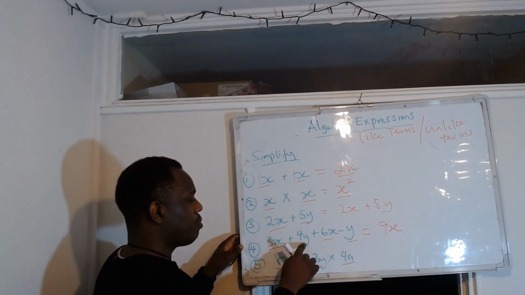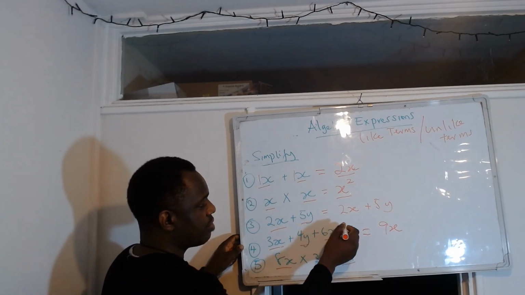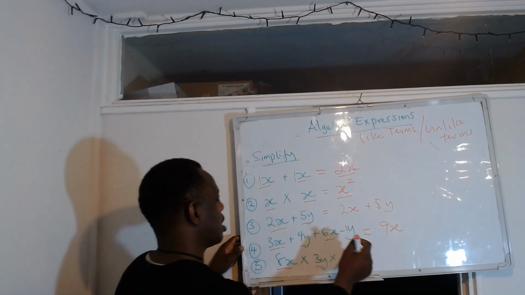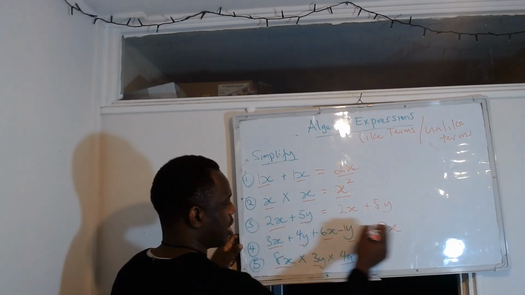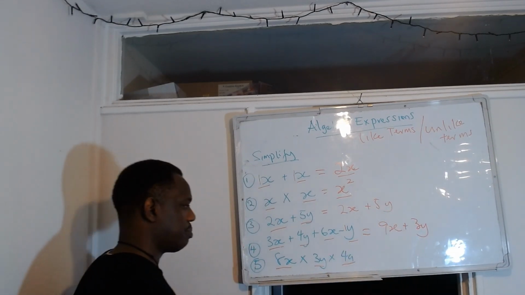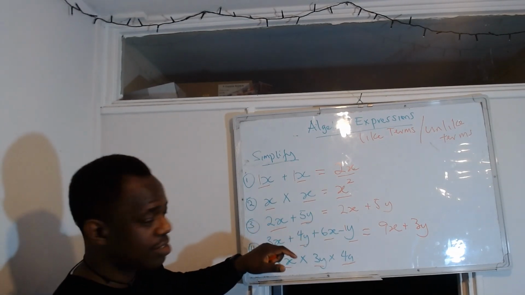And we've got 4y minus y. Remember, we have an invisible 1 here. 4y minus y gives us, because we've got a plus there, plus 3y. So that is the rule with the addition of unlike terms.